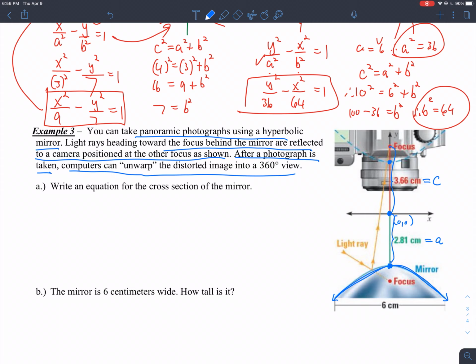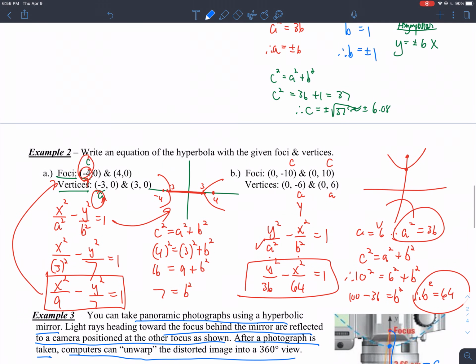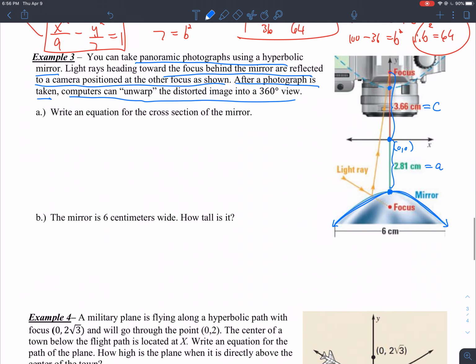So we just need to plug stuff in. Very similar to this question, they gave us C and gave us A. We just have to plug stuff in, okay? So we know already that A is 2.81 centimeters. So then what I have to do is, this is an applied problem, square both sides to get A squared.